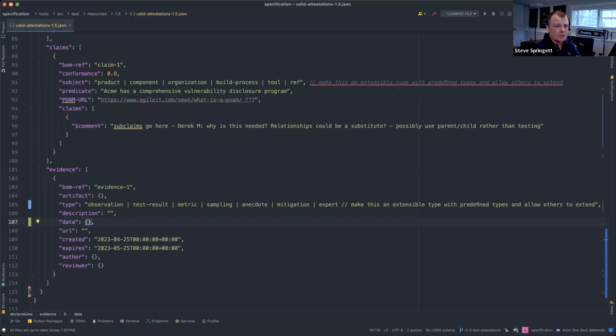CycloneDX already supports it because we need to support it for proof of concepts and this sort of thing, where the evidence should not be publicly accessible. So we inline a lot of attachments. So we already support this use case.